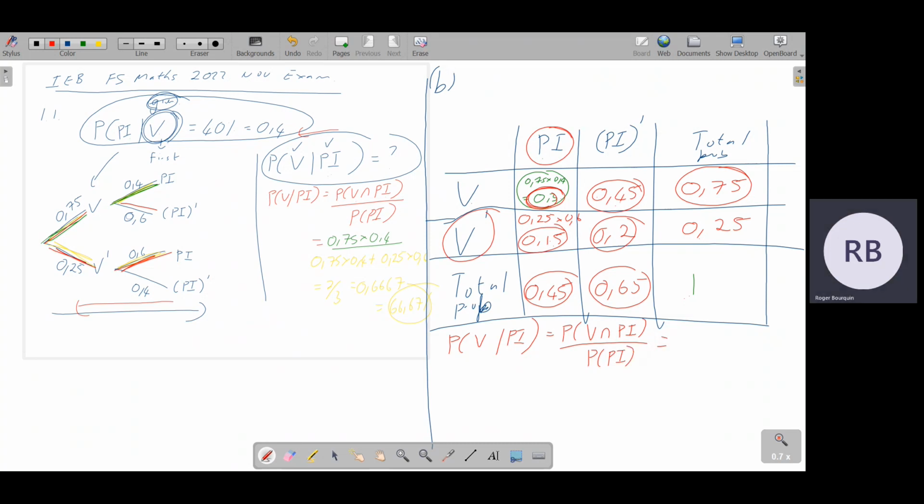And vaccinated and previously infected is the space over here of 0.3. And previously infected works out to be 0.45. And 0.3 divided by 0.45 gives us the same answer, 2/3 or 0.667. Okay. Right. Hope that all made sense.